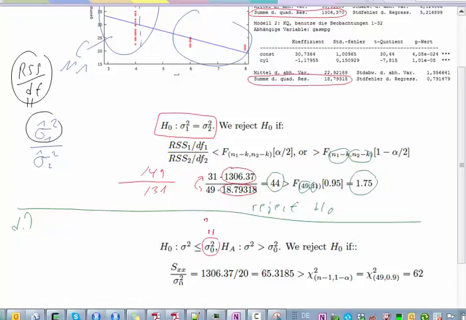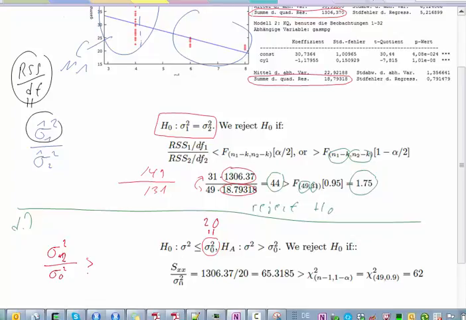So part D, which I'm jumping to now, is of a very different nature. So this is problem number D. The claim now is that the variance of the residuals on the right side is less than or equal to a fixed number, and that fixed number we denote as sigma 0 squared.